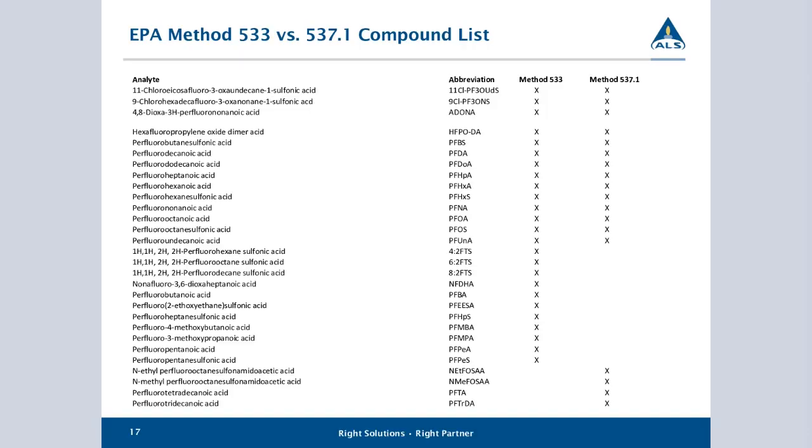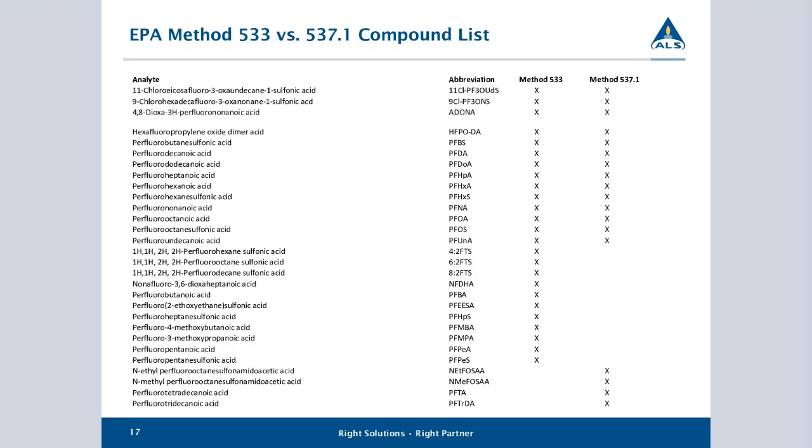But if you compare the 533 to the 537, you will notice that even though there is redundancy in the compound list, there are also some gaps, and there's gaps on both sides. So if you run the 533 method, you'll get the 25 that are X, but you are going to miss the bottom 4.